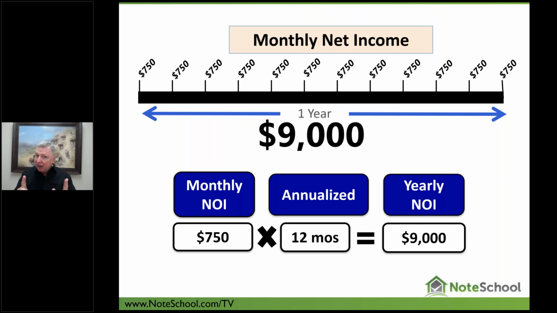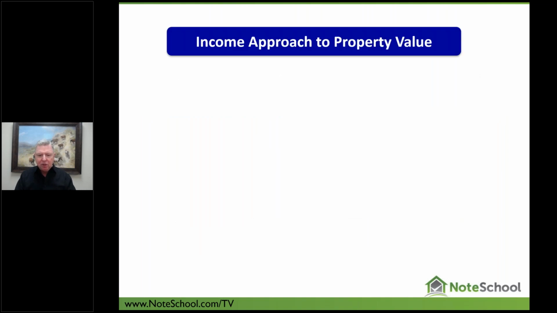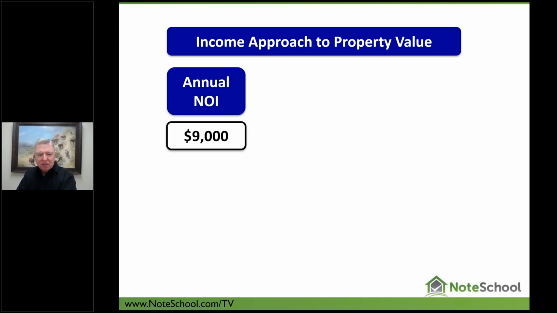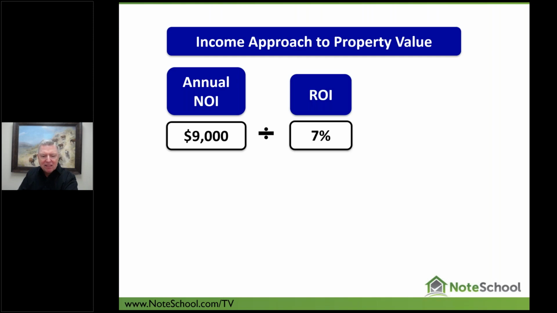Now from that number, I can back into what it would be worth on the income approach. This is the capitalization rate, the ROI, return on investment. So the net annual income is $9,000. I picked a number of 7%.